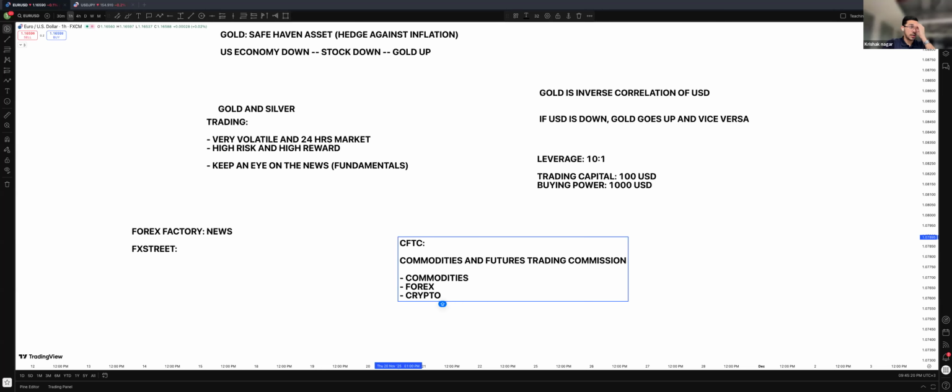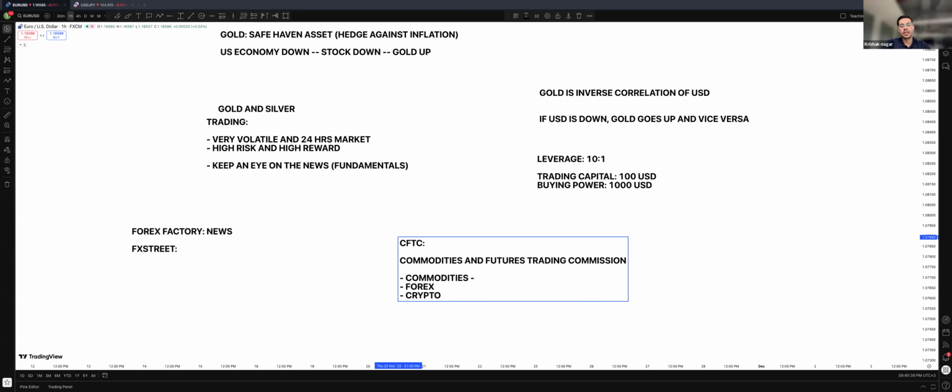These three asset classes come under CFTC. Only stocks come under SEC, Securities and Exchange Commission. Other than that, the different assets that we are talking about come under CFTC.